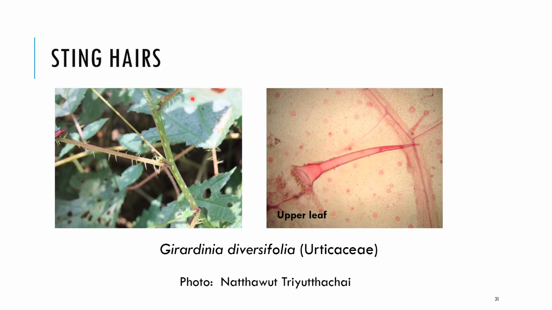I will show you a stinging hair of Girardinia diversifolia, Urticaceae. This plant is used in traditional medicine for the treatment of several diseases in the Himalaya. This shows the sting hair, and it's very poisonous too.